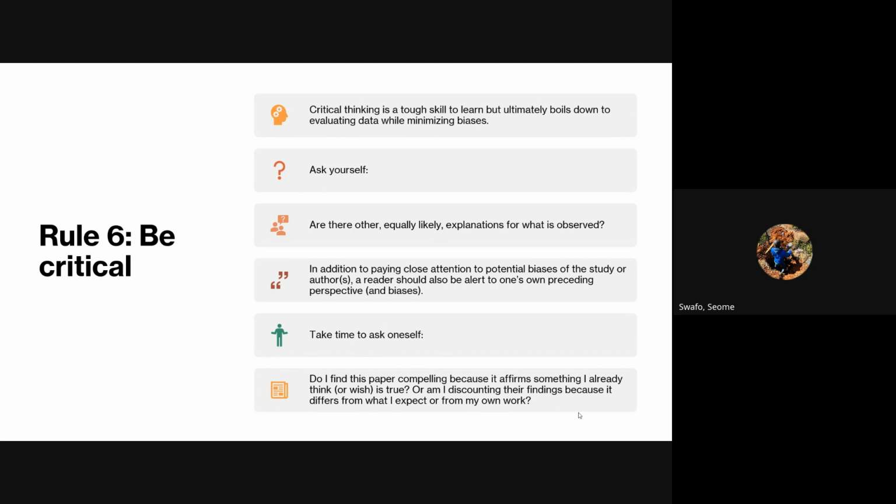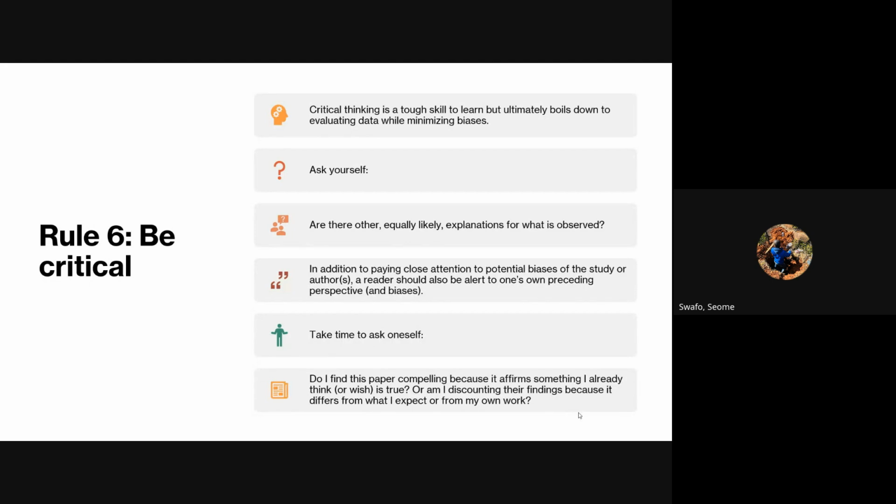In a way, when you become critical, you are actually trying to judge the correctness, or I could say the quality, of the paper. Those are the questions that you continually need to ask yourself.